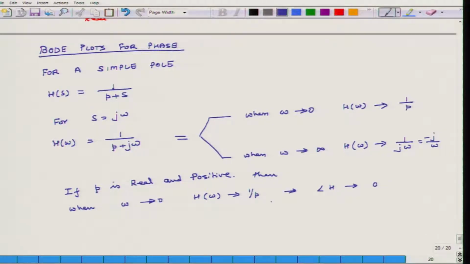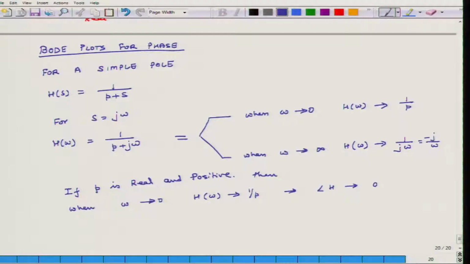Why? Because the phase is the imaginary component divided by the real component. The real component is positive, the imaginary component is 0. So, in the numerator I have 0, in the denominator I have a positive number, and in this case the phase is 0 radians.